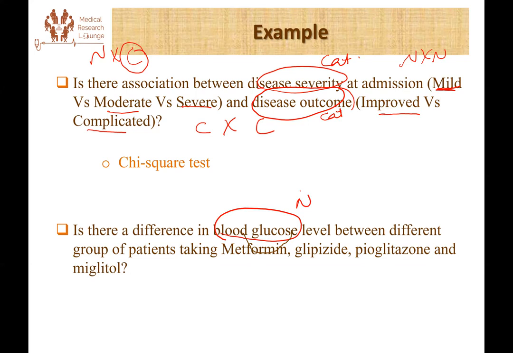And we have different drugs that the patients are taking, and it literally says different groups of patients. So this is automatically independent groups. They are taking metformin, glipizide, pioglitazone, and miglitol, so there are 4 independent groups for the categorical variable.